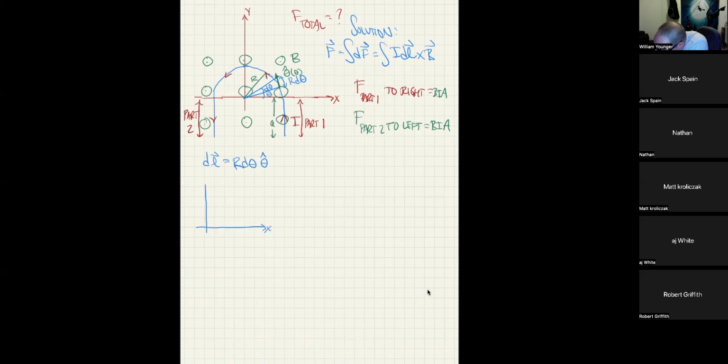This is our x, this is our y, and let's imagine a point in space here that is, let's say, a distance r away, and it's up an angle theta. At that point in space, in cylindrical coordinates, there exists a unit vector, which I'm going to draw in green, that points radially outward, and it's called r hat.